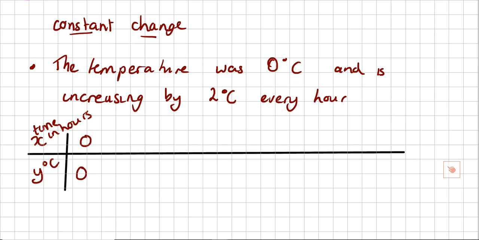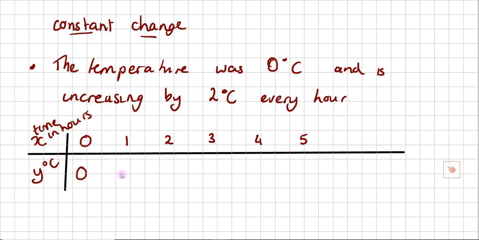And it says increasing by 2 every hour. So at 0 hours, that's the initial temperature, yeah? What's the next value I can put in? 0, I could, but you put 1. 1 hour, yeah, after 1 hour, after 2 hours, 3 hours, 4 hours, 5 hours, and so on.